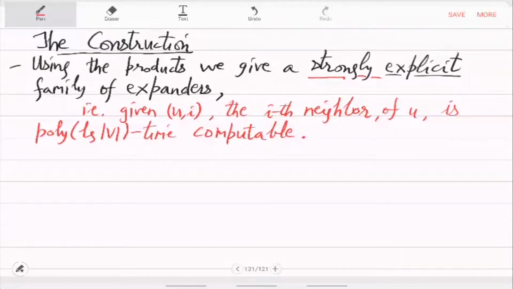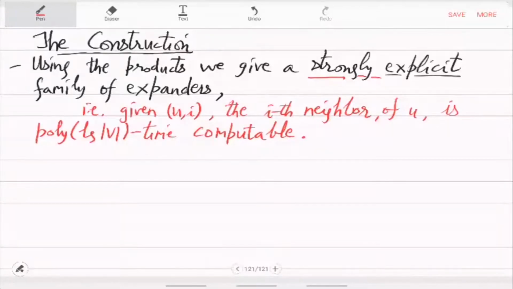Okay, so the bits needed to describe U is log of n or log of size of V, and the bits needed to describe i is, there are only d neighbors, so that is log d, which is constant. And in terms of this input size U comma i, this is a polynomial time algorithm.